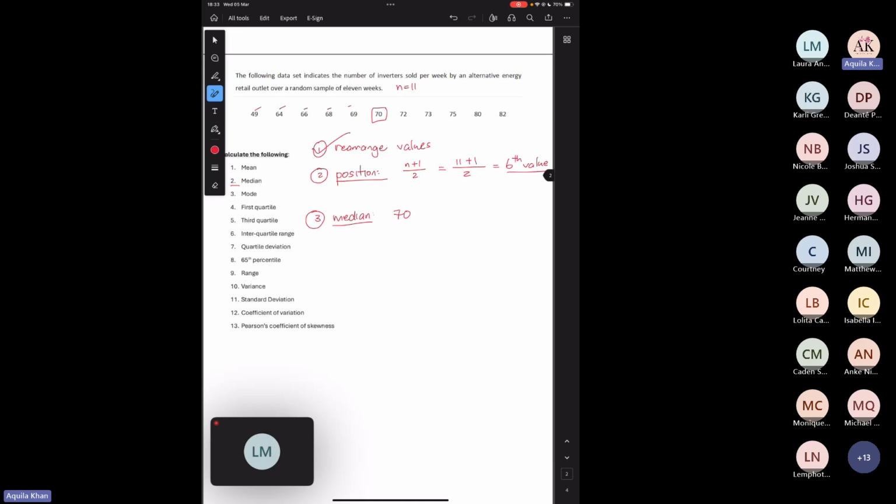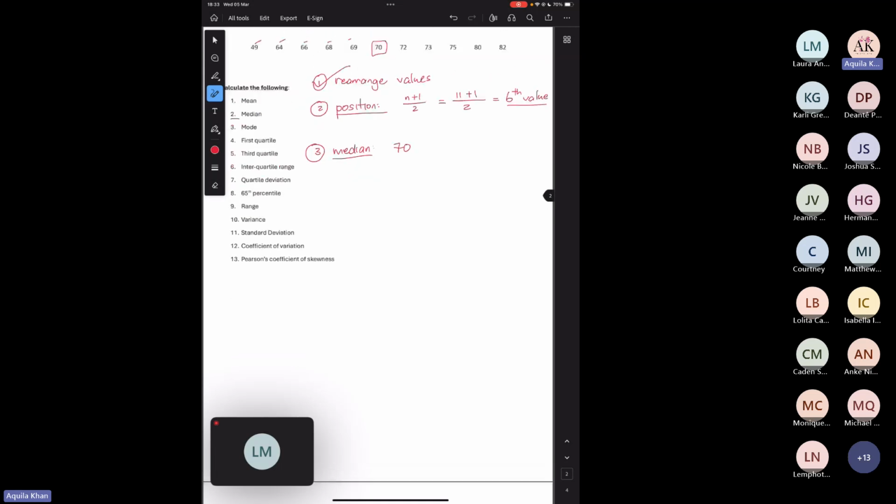So you've identified what your median is, and now you need to interpret it. Interpreting your median, you could say half of the time or 50% of the time, whichever you prefer, 70 inverters, and always say this, or less, always say or less, will be sold per week.